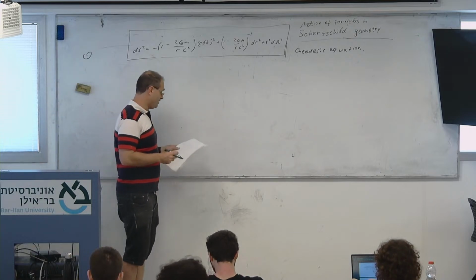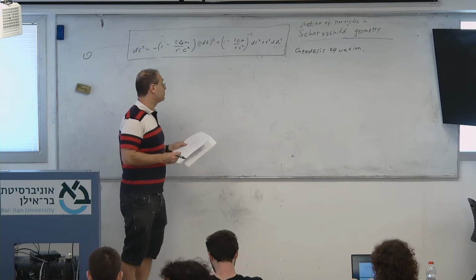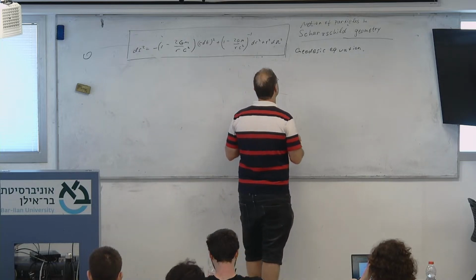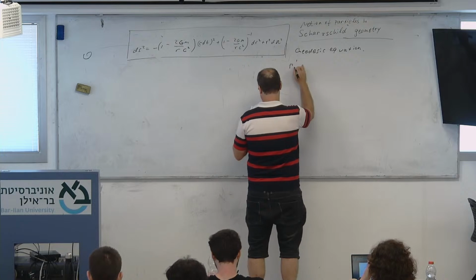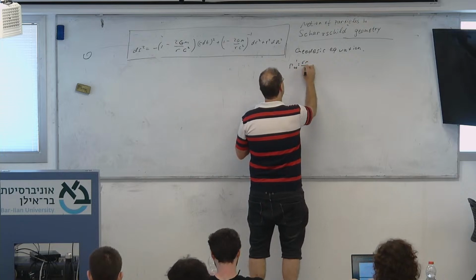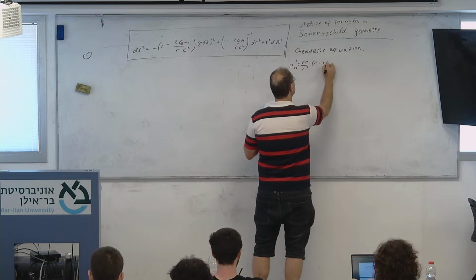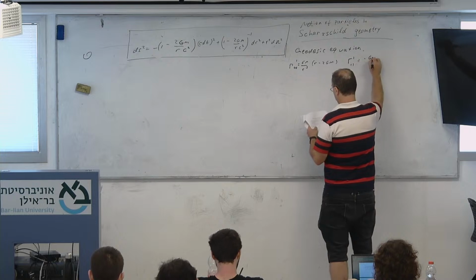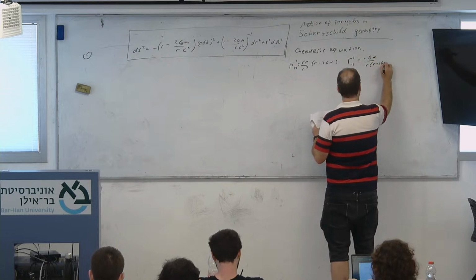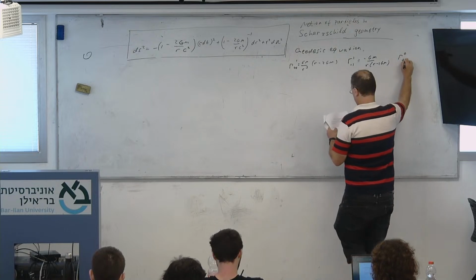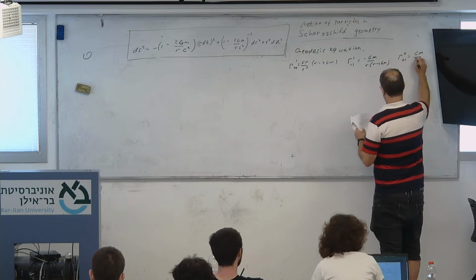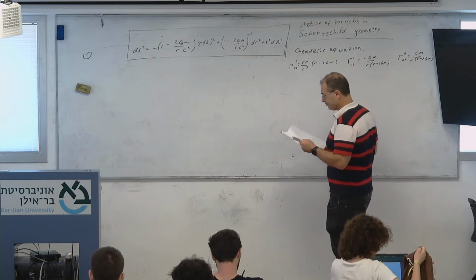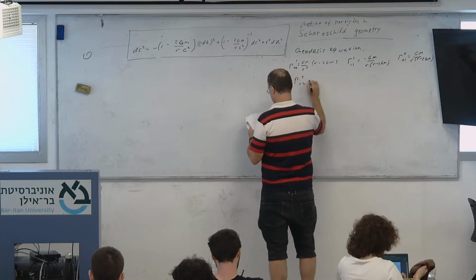I'll just write it down for you. Writing down all the Christoffels, we basically did that, but now we know what alpha and beta are. So the Christoffels: Gamma 1,0,0 is GM over r cubed times (r minus 2GM). I omit the c. Gamma 1,1,1 is minus GM over (r minus 2GM). Gamma 0,0,1 is GM over (r minus 2GM). Gamma 2,1,2 is 1 over r.